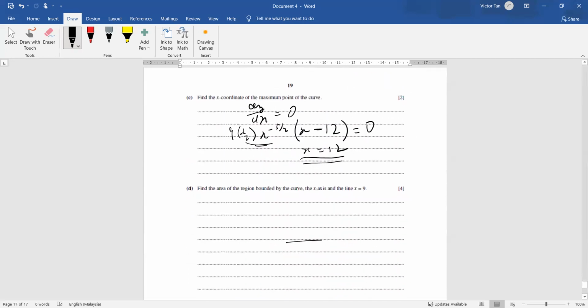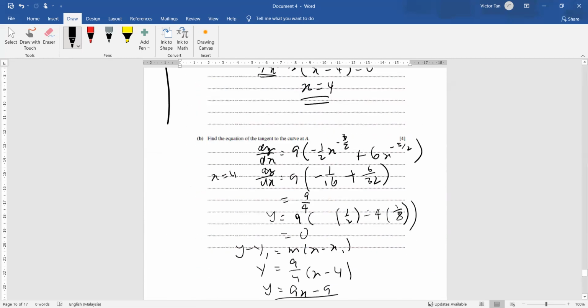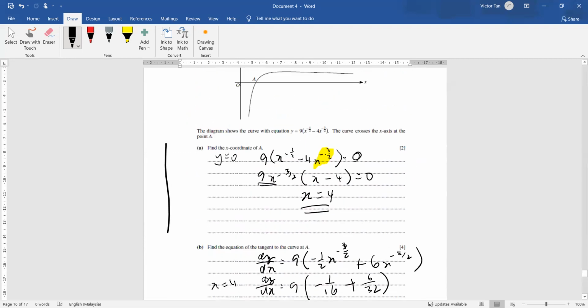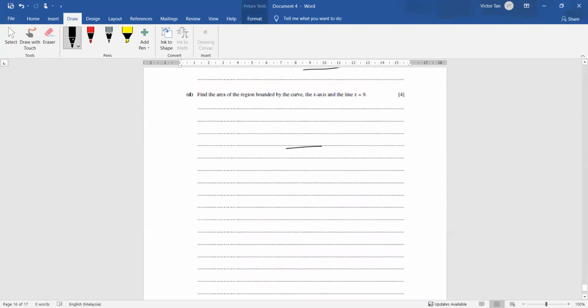Find the area of the region bounded by the curve, the x-axis, and the line x equals to 9. So it must be this region. Okay, this is quite a direct question. So you have to integrate between 4 and 9.